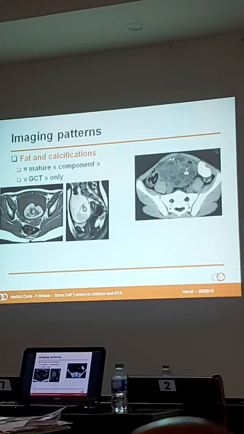Because there are some other reasons why a tumor may contain hypersignal on T1, it may be blood, for example, so you should always confirm by doing T1 without and with fat saturation.